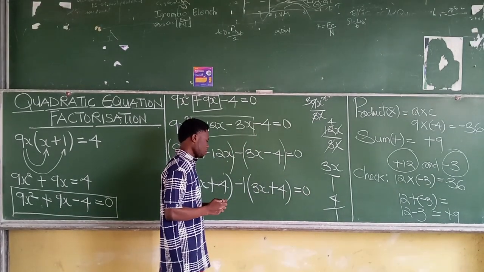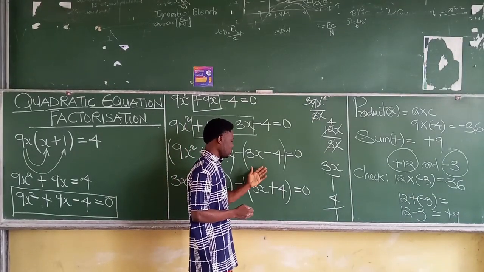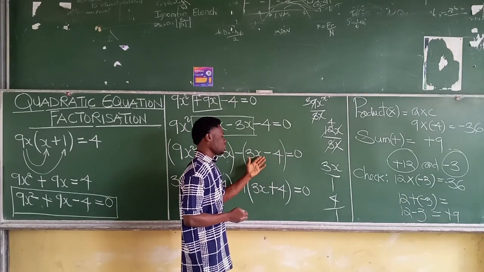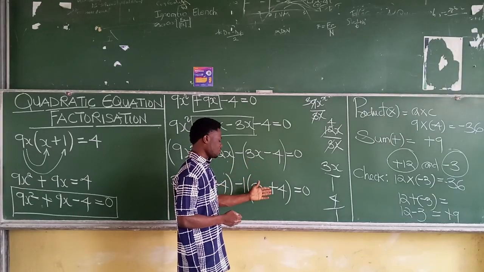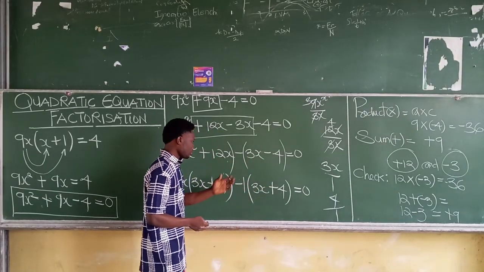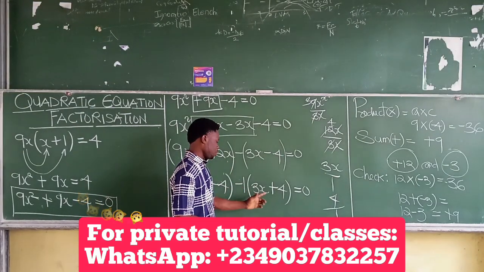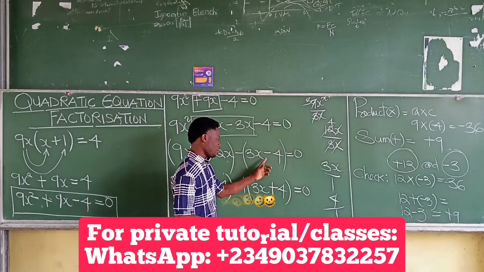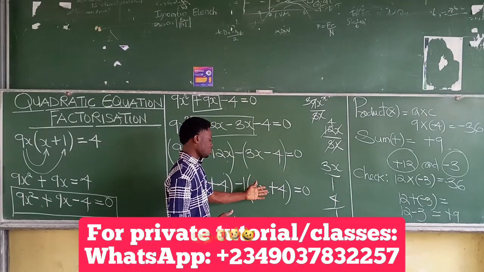So at this point, you can be asking, why is the sign not negative, because it was initially negative in this bracket? Why over here are we having positive? The reason is because minus 1 times plus 4 is minus 4. So that is why we obtain positive at this point.